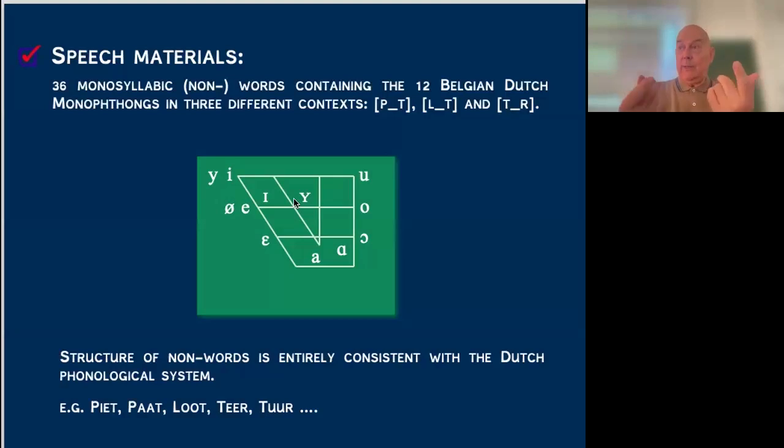All the vowels were inserted in that, and that leads to non-words. The structure is entirely legitimate and conforms to what is possible in Standard Dutch. There is a bit of variability. Some words were real nonsense words. Other words, in fact, are real words in Dutch.